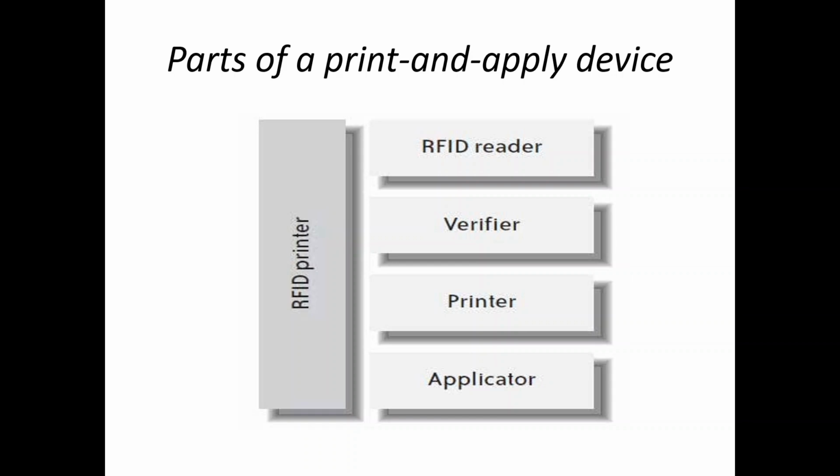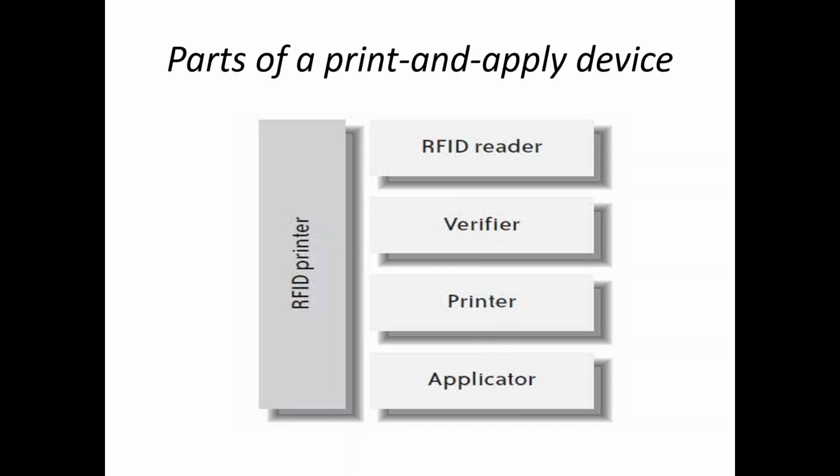It encodes or writes the EPC, that means a unique ID, and other data onto the RFID inlay embedded inside the label. It also reads back the encoded data to check if the process was successful. Without this, the printer would only print graphics or text on the label but not make it RFID enabled.